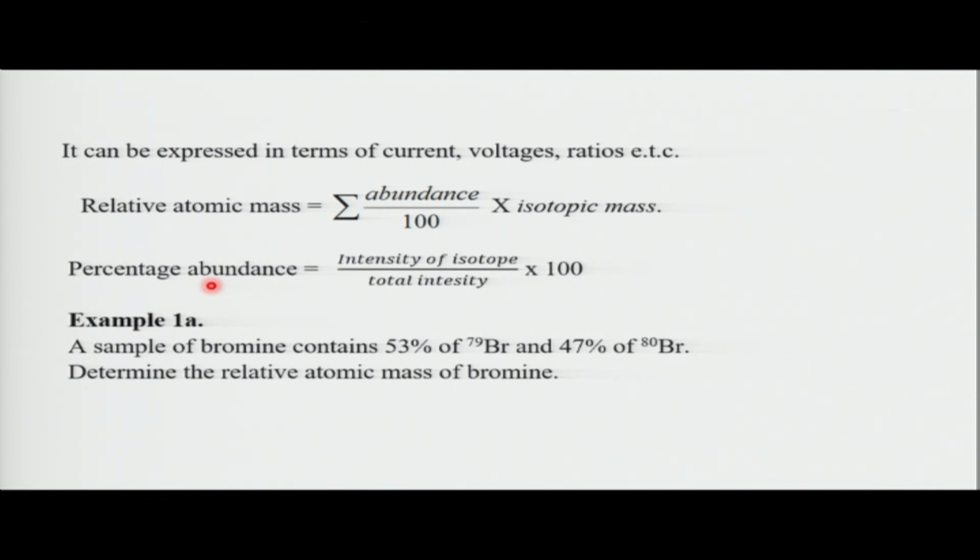So let's look at some worked examples. Example 1a says that a sample of bromine contains 53% of bromine 79 and 47% of bromine 80.